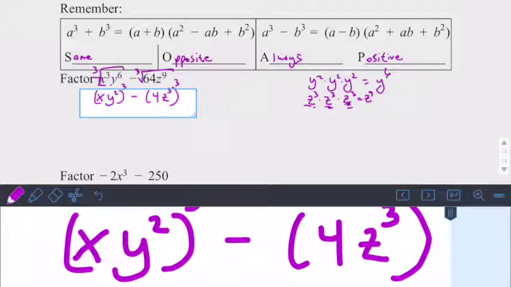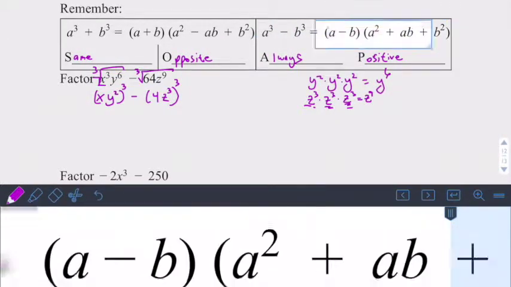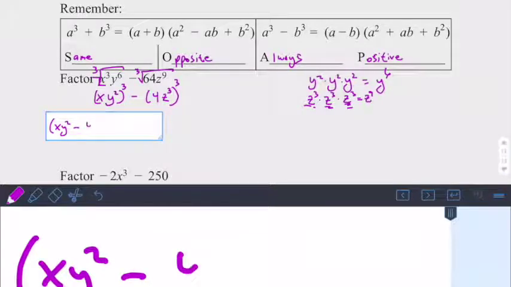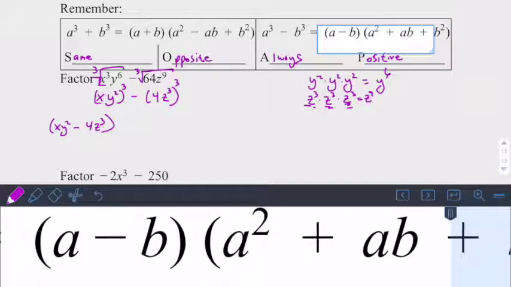And then I just put it in my form. So I'm using this one. So I have a, which is xy squared, minus b, which is 4z cubed. That was this term.